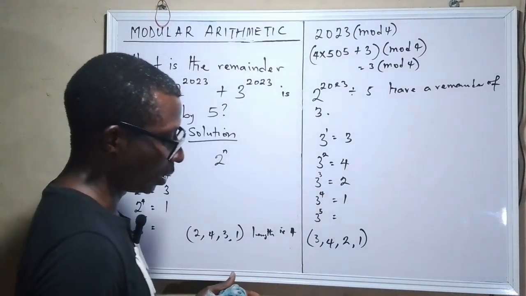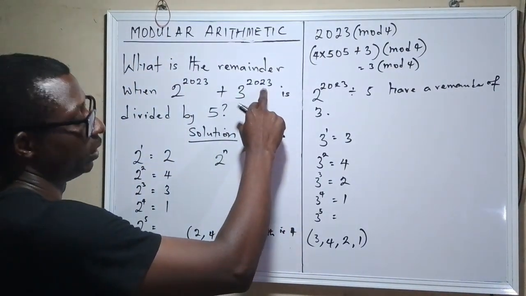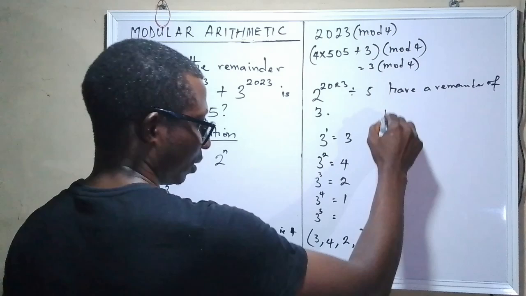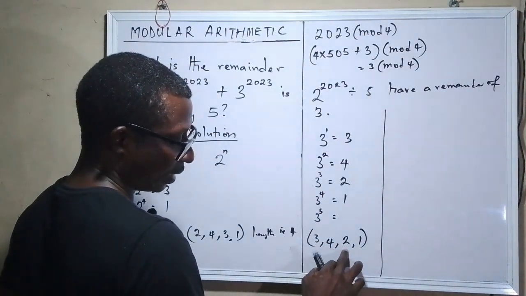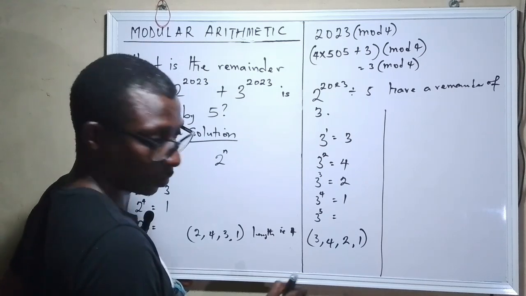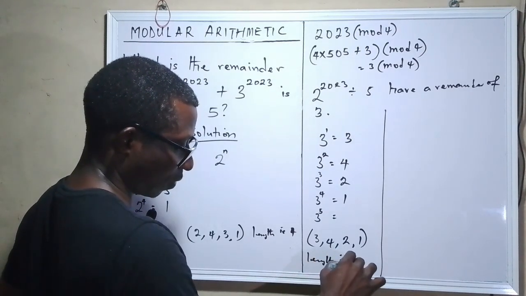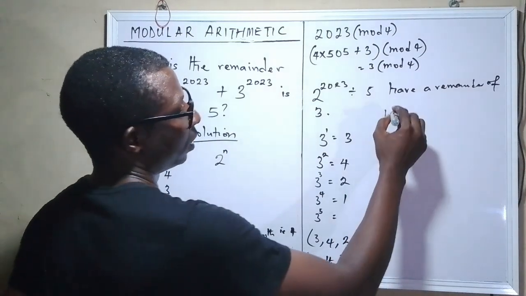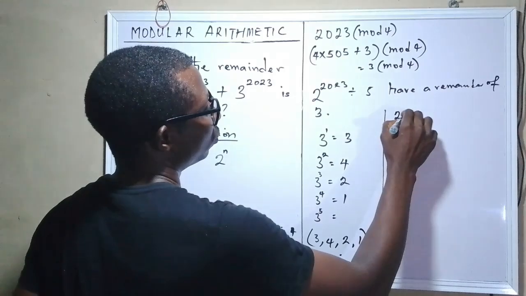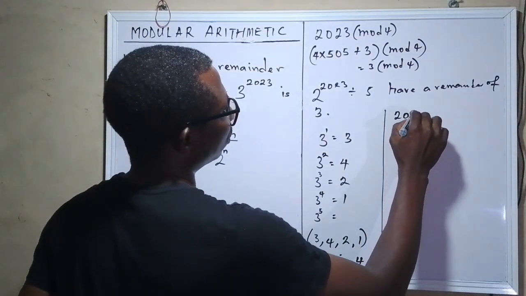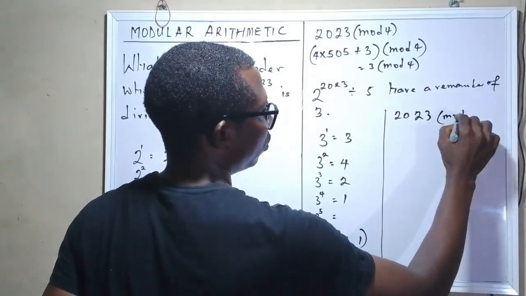Okay, so now you come here to the power, just like we did for the second one. Now we look at it. What's the length of this number? It is 4. The length is 4. Okay, so now we write this number in modulo 4. 2023 in mod 4.